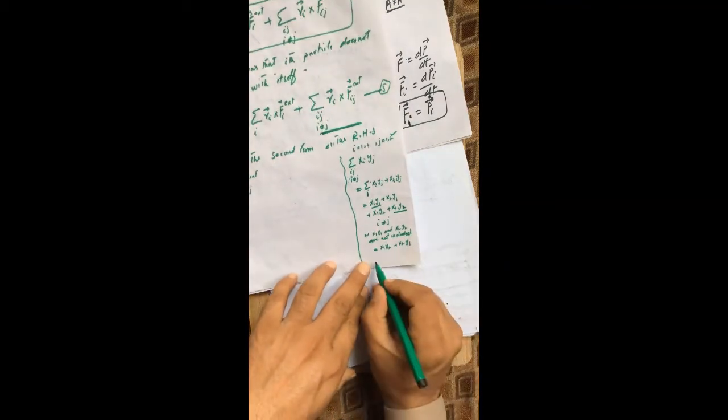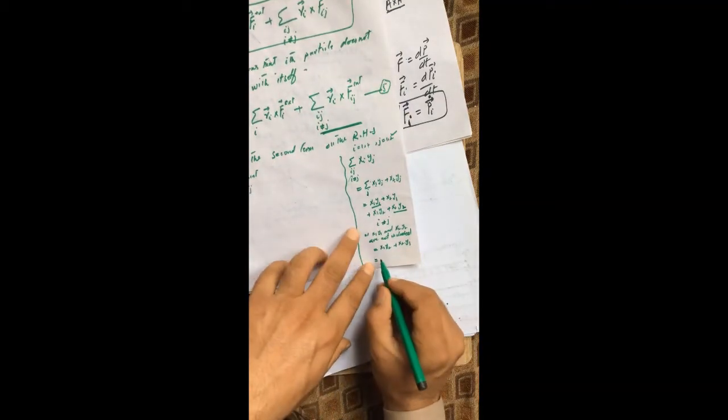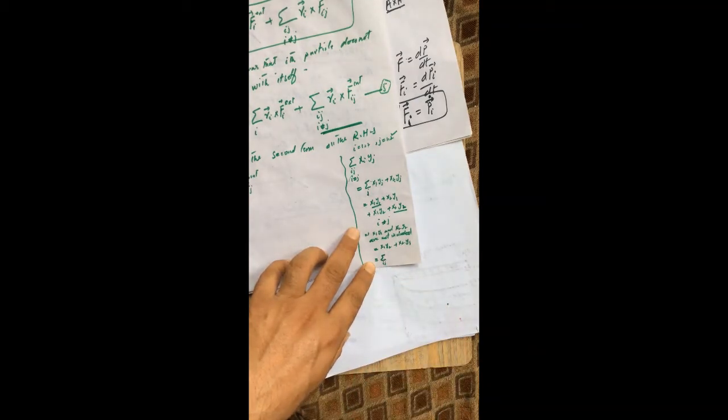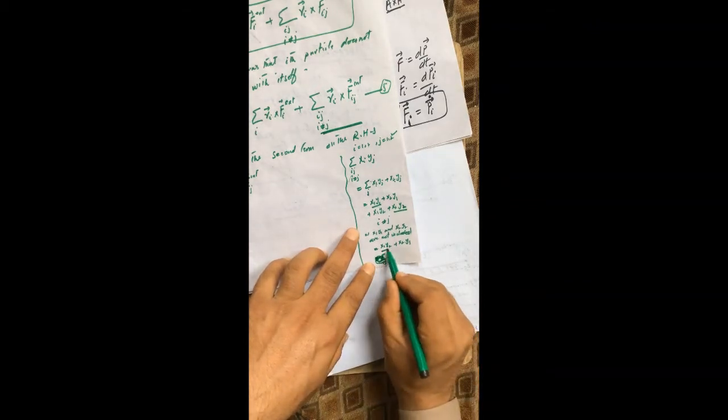This can be written as the sum over i, j, so we have these two terms, x1 y2 and x2 y1.